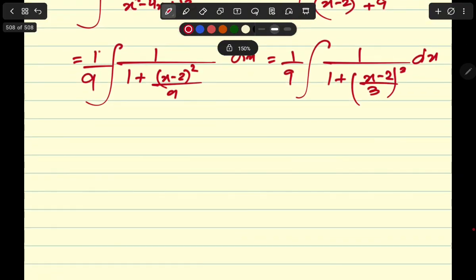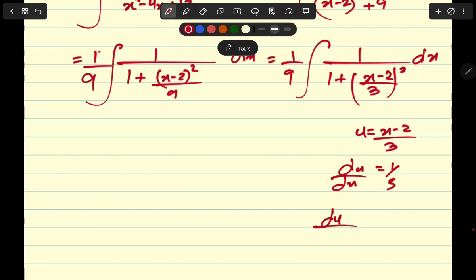Now you can just simply integrate it. So u is equal to (x minus 2) over 3, and so du by dx is going to be equal to just 1/3, and thrice of du is going to be equal to dx.